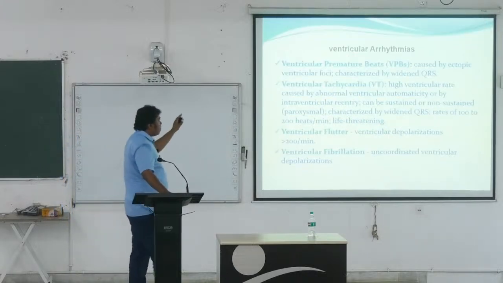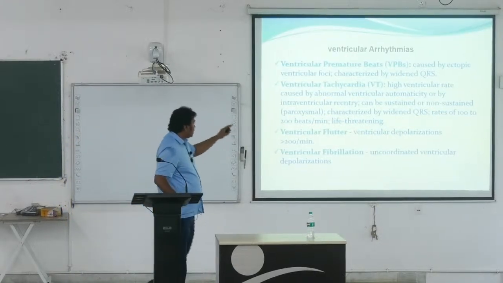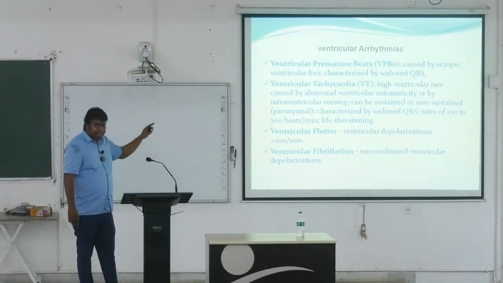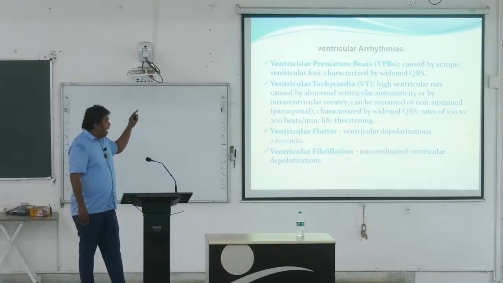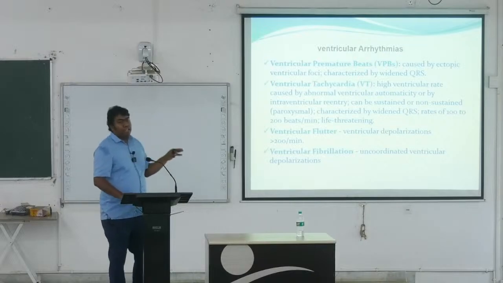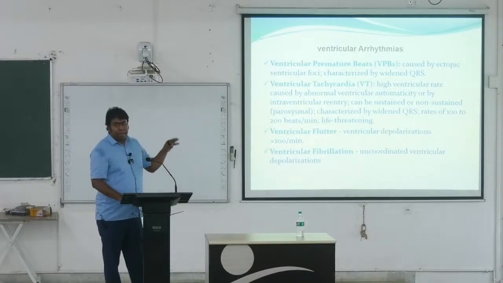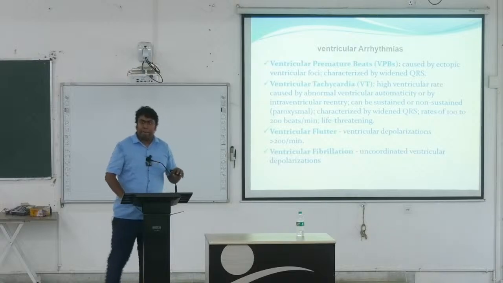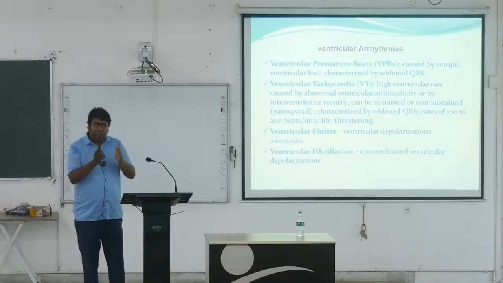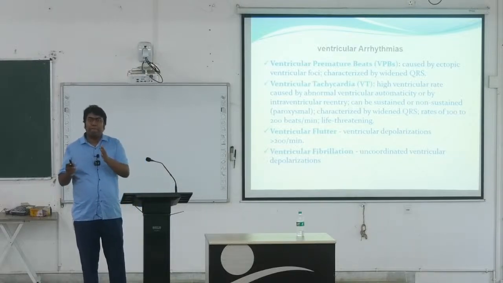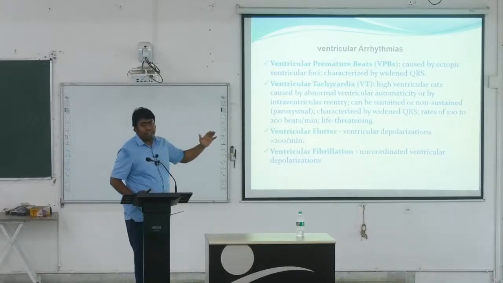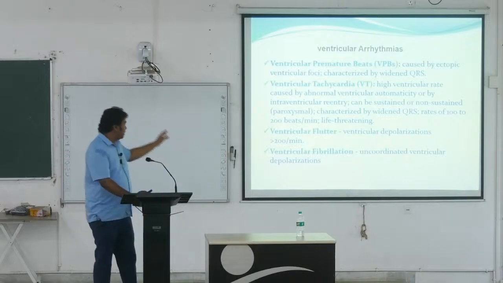Then ventricular premature beat, where the ectopic focus is in the ventricle. How can we see the difference between sinus arrhythmia and ventricular arrhythmia? The QRS will be narrow and sharp for the sinus arrhythmia. For ventricular arrhythmia, QRS will be wide.